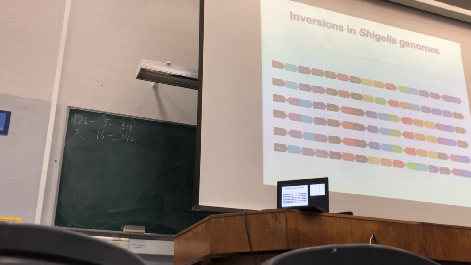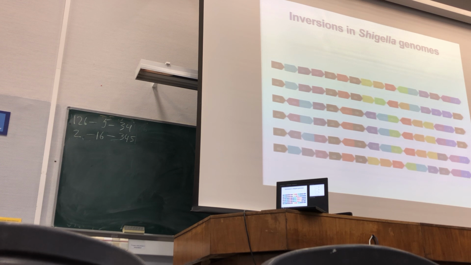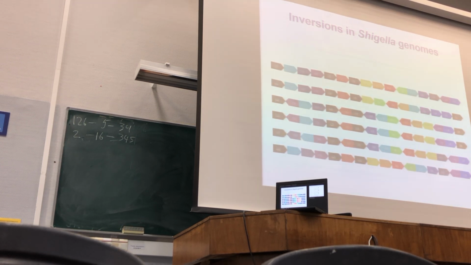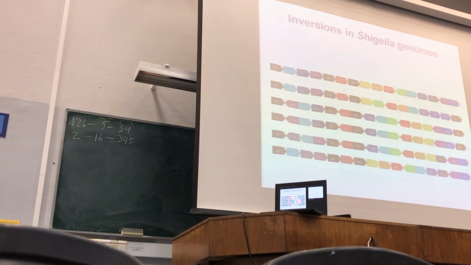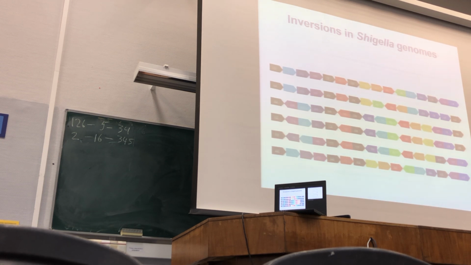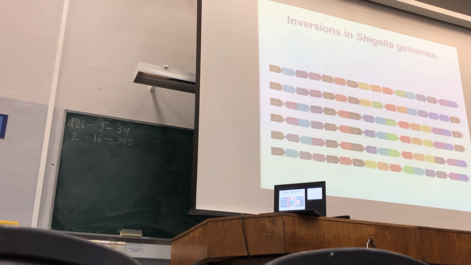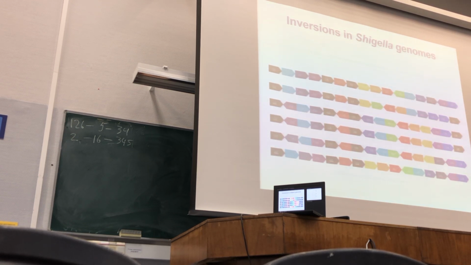Yeah, but that would require many more rearrangements. Of course, we can always infer a more complicated story. But if we just take the minimum number of events, we can't do it any other way. It's a good question, but in this particular case, all alternative scenarios would require many more events. So that wouldn't be parsimonious.